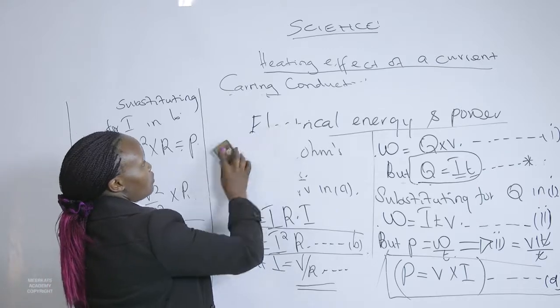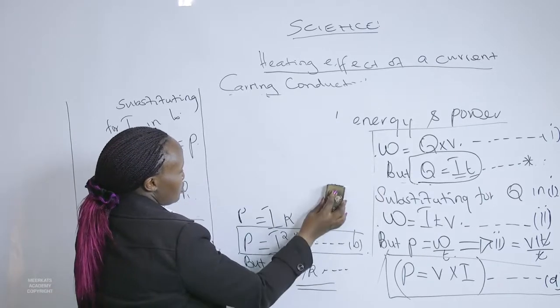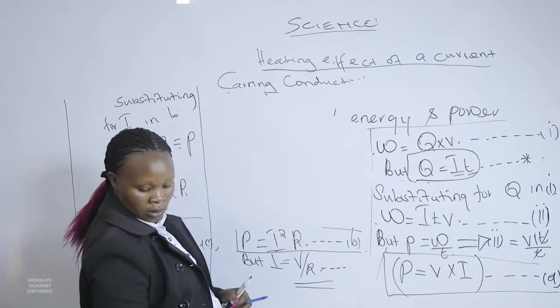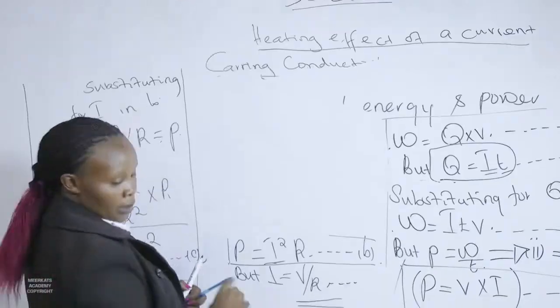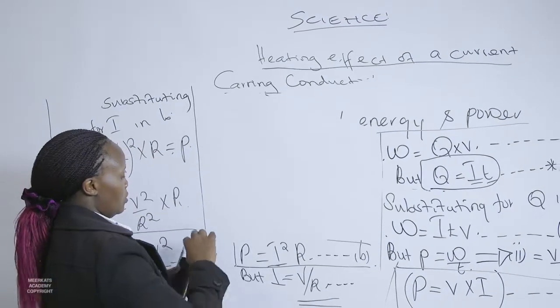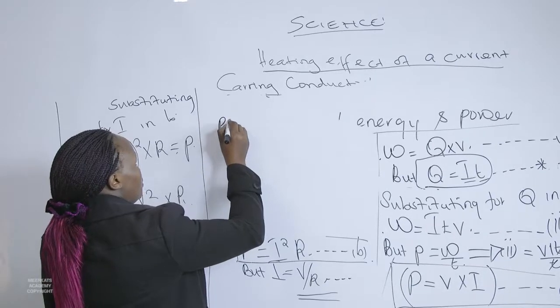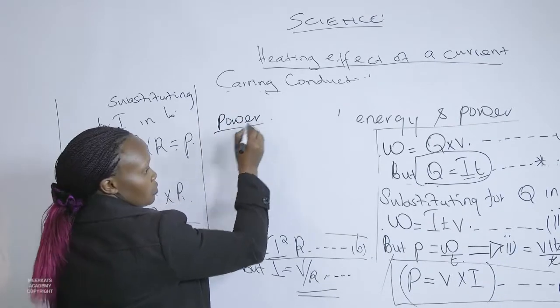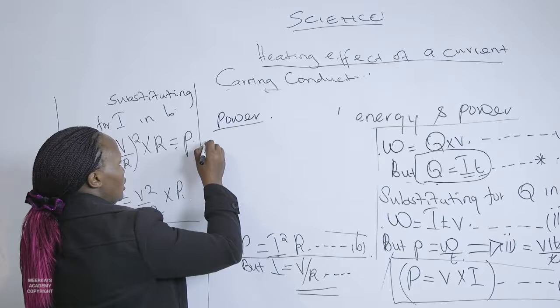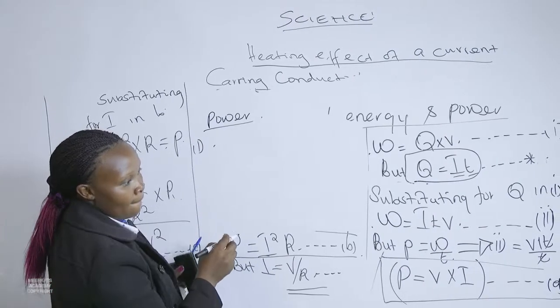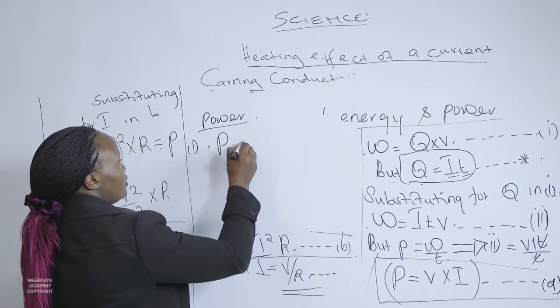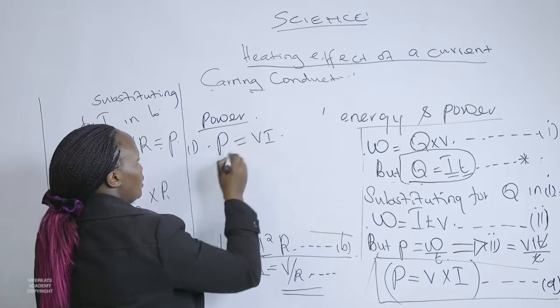So basically we have those three equations of power. Let me write them down here. Equation 1, power is given by VI.